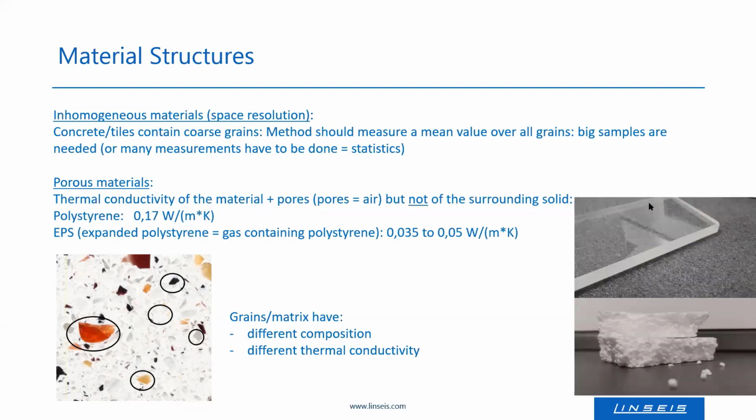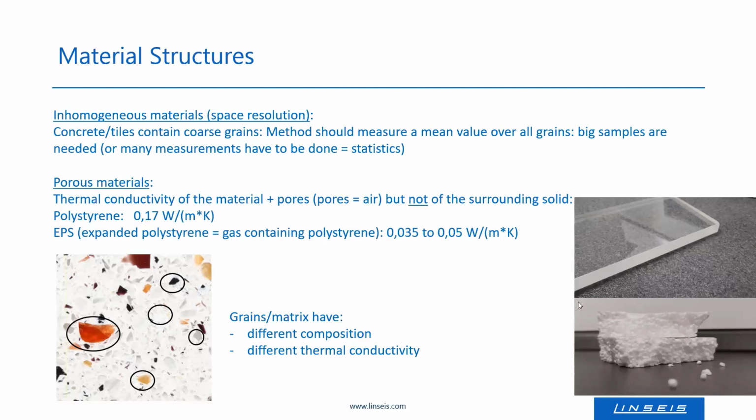So polystyrene is a polymer, a compact polymer having a thermal conductivity of 0.17 watt per meter and Kelvin. But the expanded polystyrene contains holes which are gas-filled, and due to these gas-filled pores, the thermal conductivity of expanded polystyrene is much lower than of polystyrene itself.